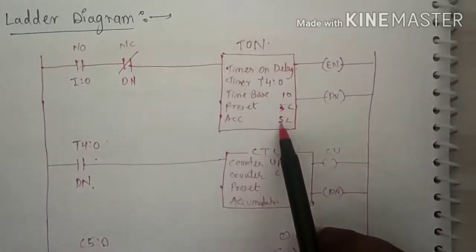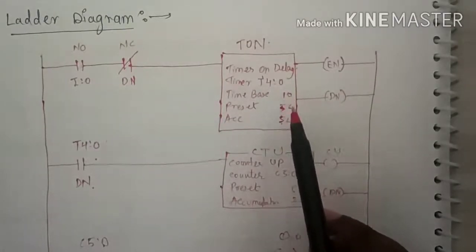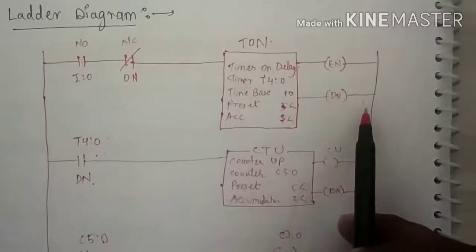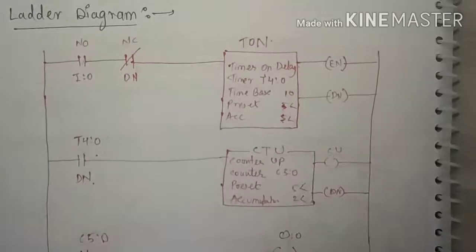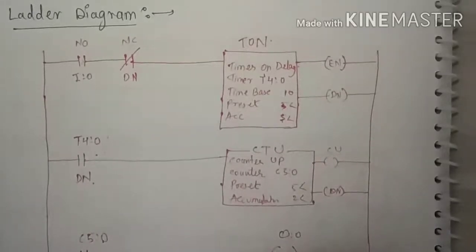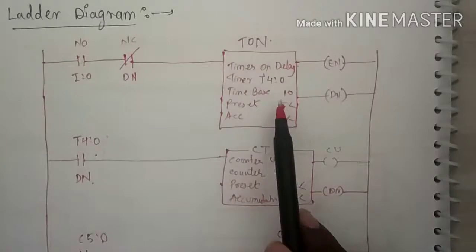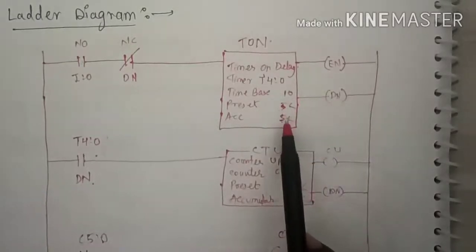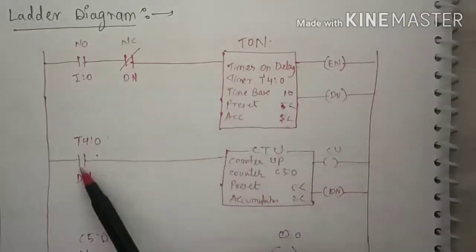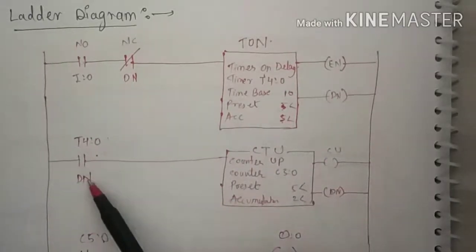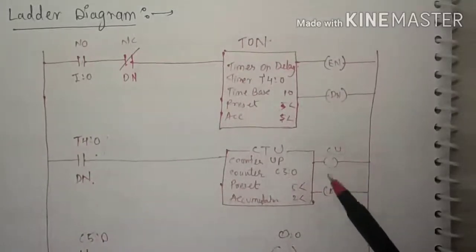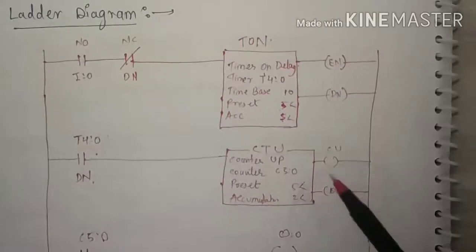The accumulator value reaches up to 5, and up to the count of 5 the timer will be off, and after 5 seconds the timer will become on, meaning my output will glow after 5 seconds. When the accumulator value reaches the preset value, the done bit of TON T4:0 will be on, and then it will be given to the counter, which will also count up to 5.